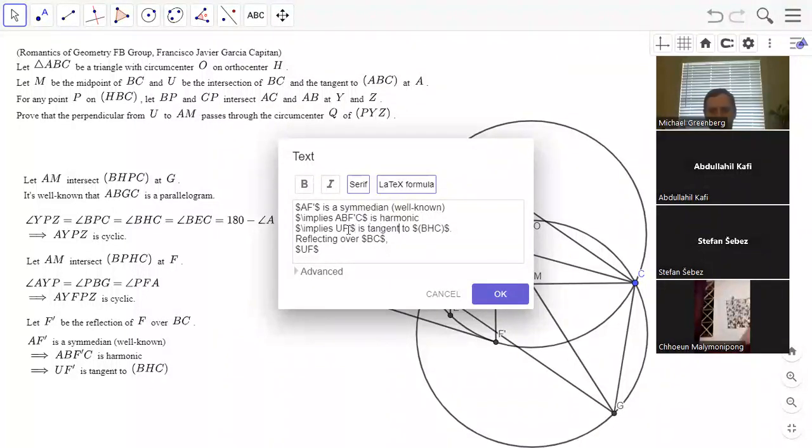Oh, whoops, UF prime is tangent to ABC, and then UF is tangent to BHC.